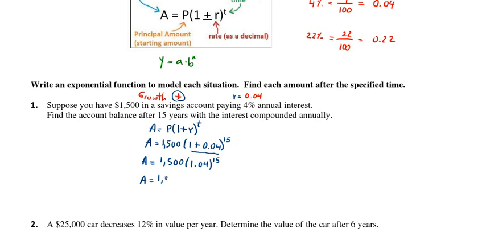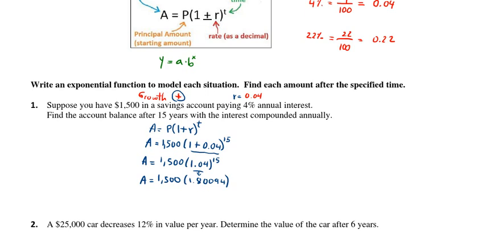I'm just rewriting 1,500, and this raised to the 15 power is 1.80094. I'm going to keep here at least 4 or 5 digits after the decimal point. We cannot round here. The final answer should be rounded only one time.